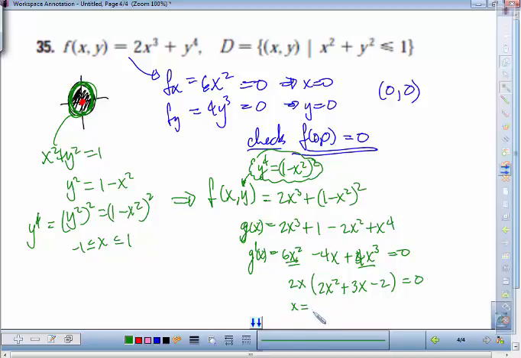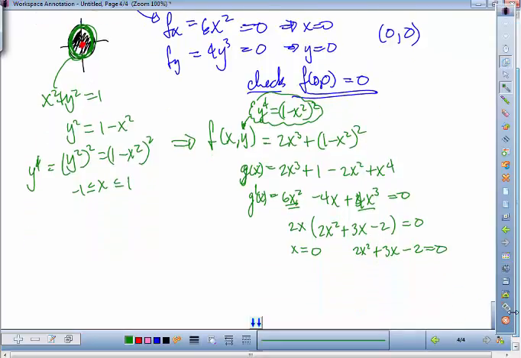So I got x is equal to 0, and this thing, can you guys factor this in your head, or do you have to use the quadratic formula? Is this factorable?